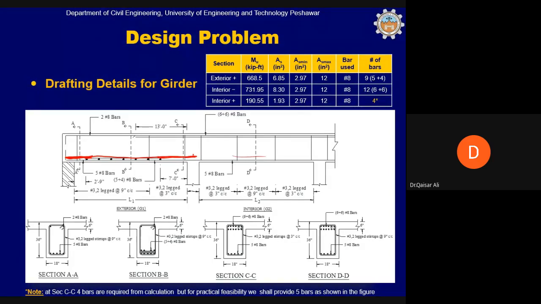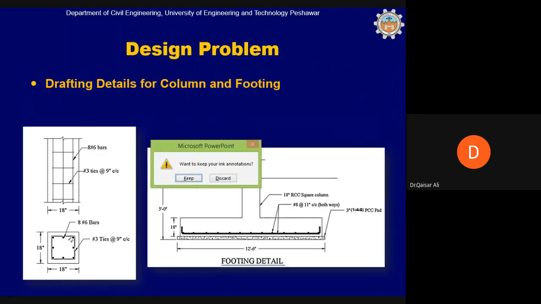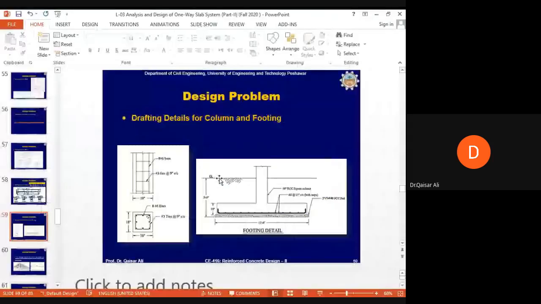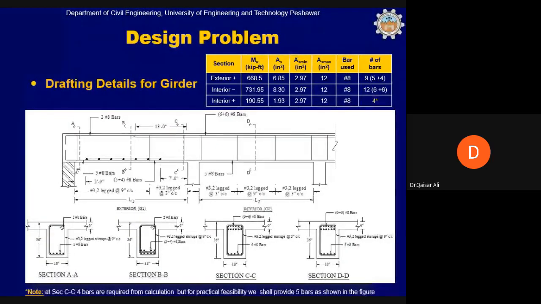If you take section BB, you can see all positive reinforcement.